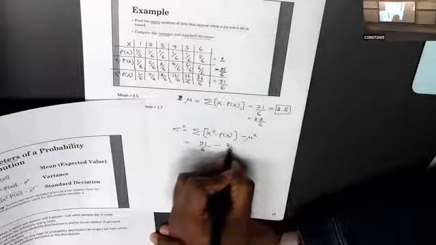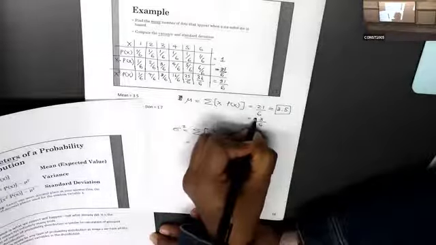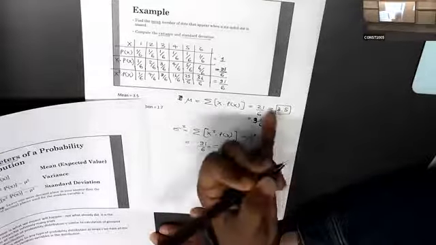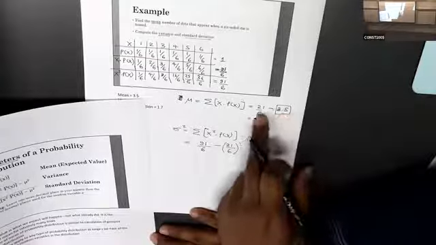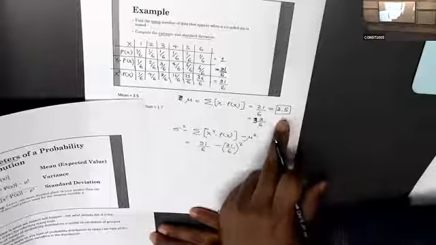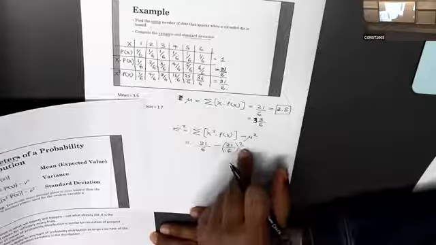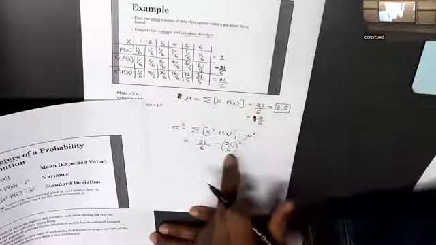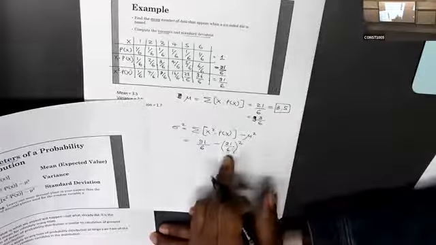If you want, you can write it this way, or you can write 3.5 squared. It's okay, but if you round here, then don't use the rounded one. It's wrong. Definitely take the full answer, but here you can take either this, this, or this. All are the same, so I just write it this way.